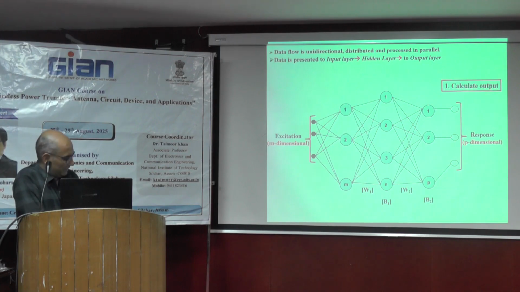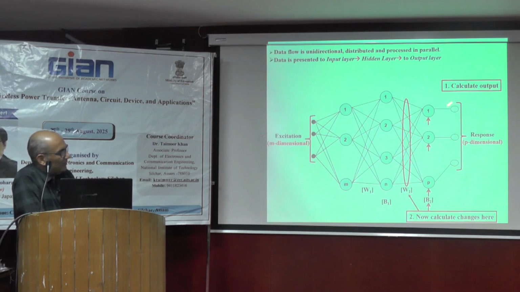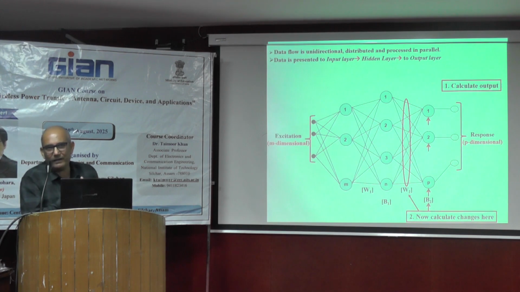After calculating this error, you need to optimize the matrix first. Now calculate the changes: the difference between the calculated output and the reference output, and the weight factors will come into the picture. Then accordingly the bias B2 matrix and W2 matrix will be optimized in the first step.